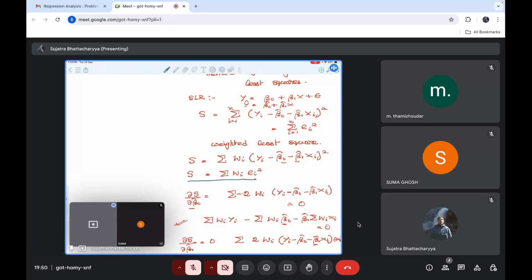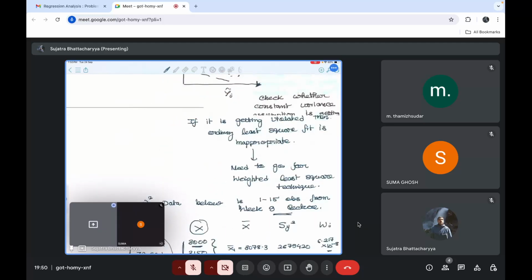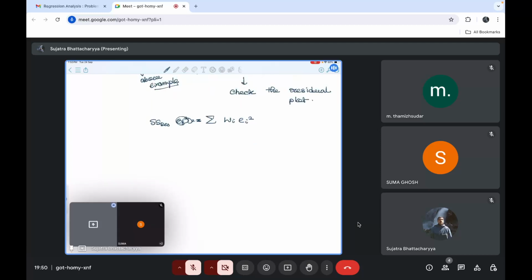Therefore, when you are plotting the residual now, you cannot plot ei versus yi hat, but you have to plot ei times wi to the power half versus yi hat. This is what you have to plot. This is the zero value of that. Check whether it is coming like this or not.